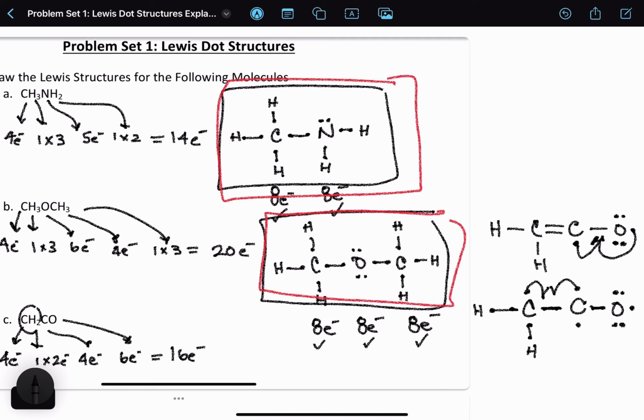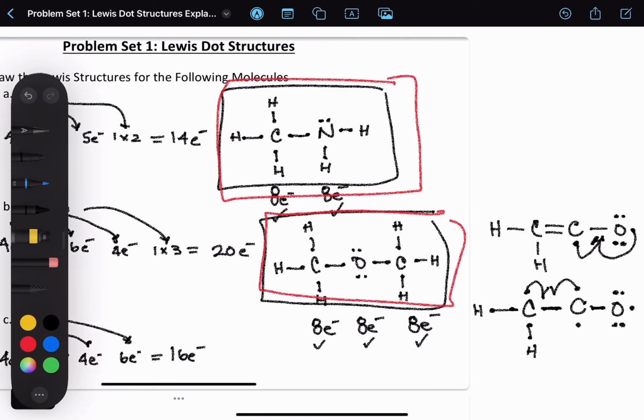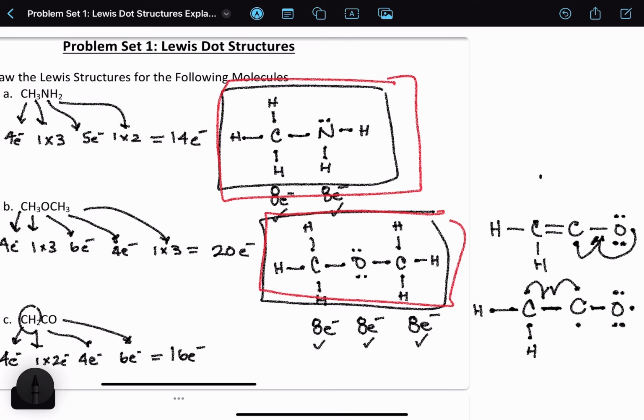That's a bad way to draw it. They don't need to crisscross, but if I redraw that over here on top, I would get now this as my final structure.